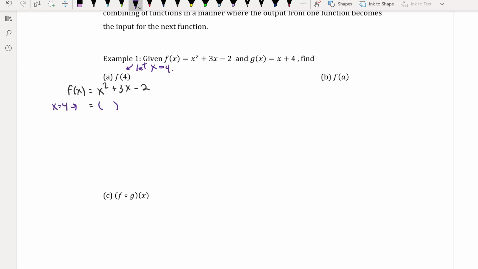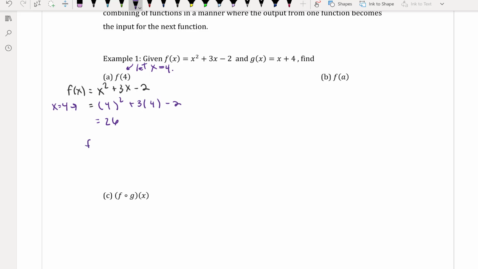So we're going to have 4 squared plus 3 times 4 minus 2. That was a 3 in there. We're going to plug that into my calculator: 4 squared plus 3 times 4 minus 2, and when I do that, I get 26.